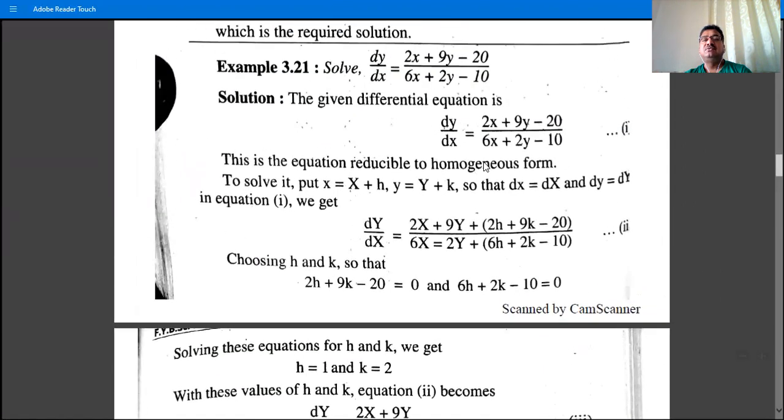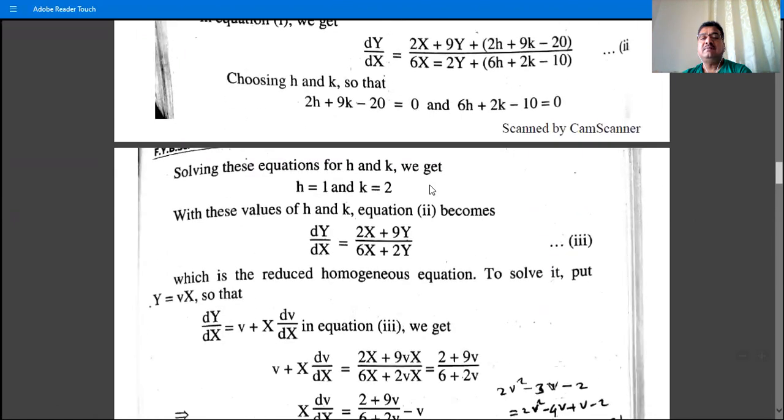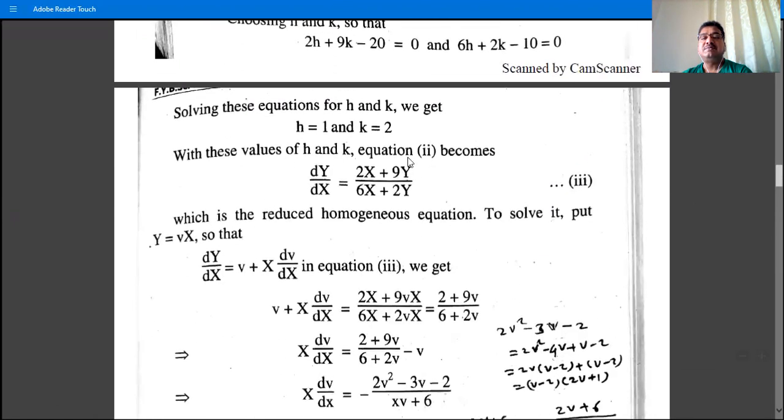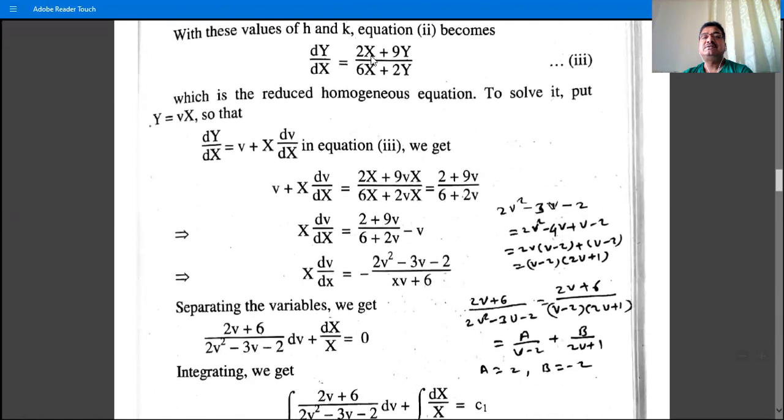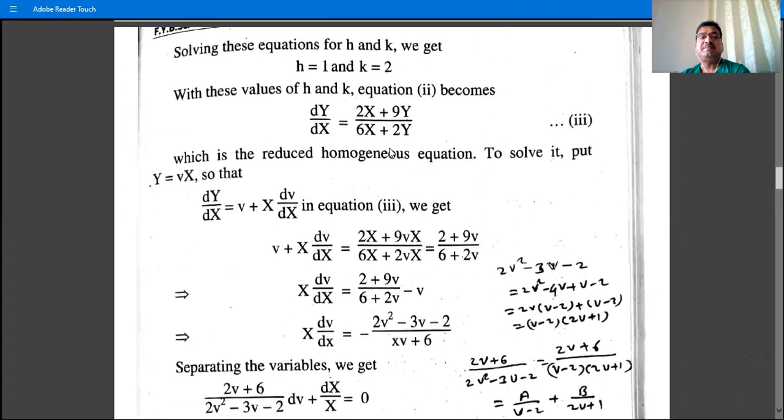If a1 by a2 is not equal to b1 by b2, then after substitution we have the homogeneous differential equation. This is the homogeneous differential equation, because if you observe this numerator 2x plus 9y, this is a homogeneous function of degree 1. This 6x plus 2y is a homogeneous function of degree 1. So this is the homogeneous differential equation, and the previous type is the homogeneous differential equation.